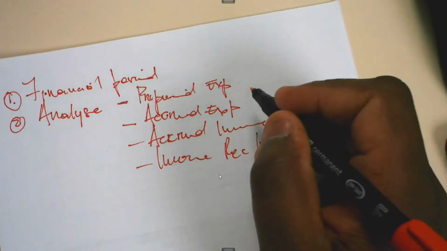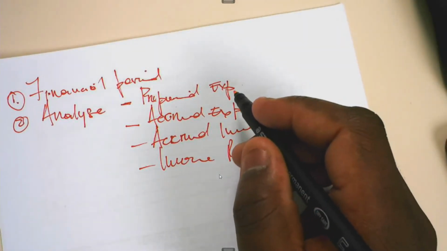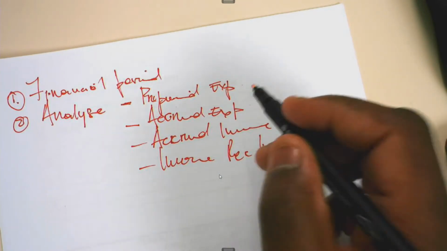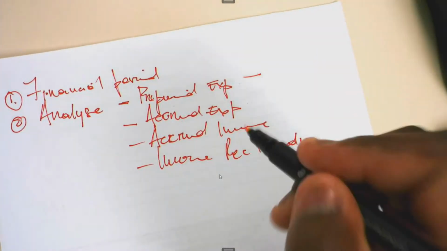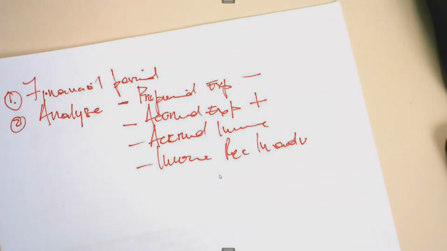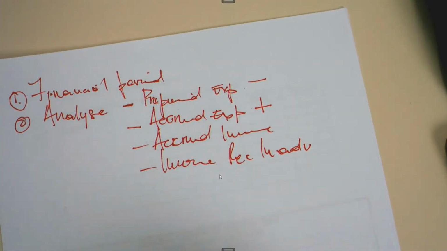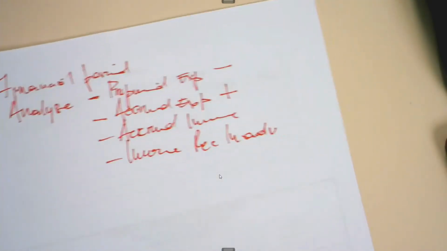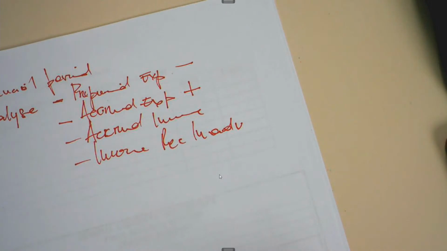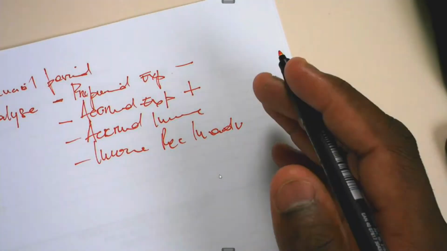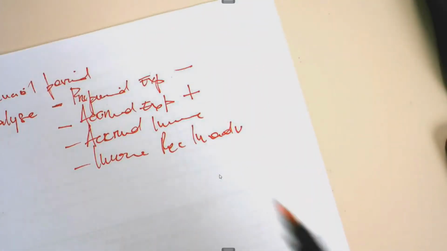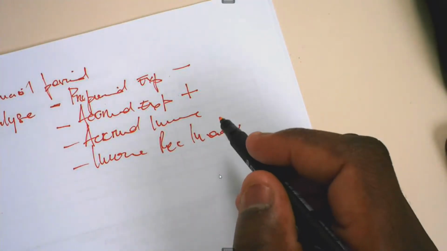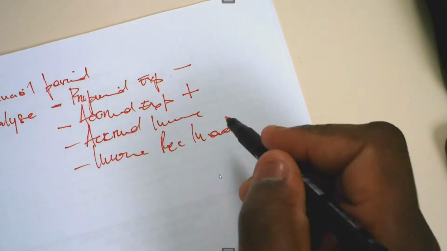Now, what are the signs? Because we are going to need the signs when we prepare our profit and loss account. Prepaid, you subtract; accrued expense, you add. Now, if you come across any income adjustment where at the end of the financial year that particular income is still receivable, the business still has to receive that income, then it is accrued income.